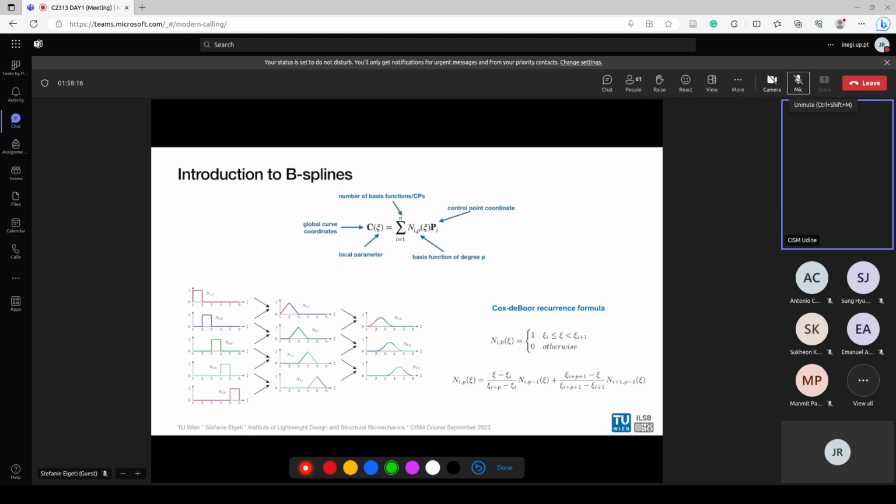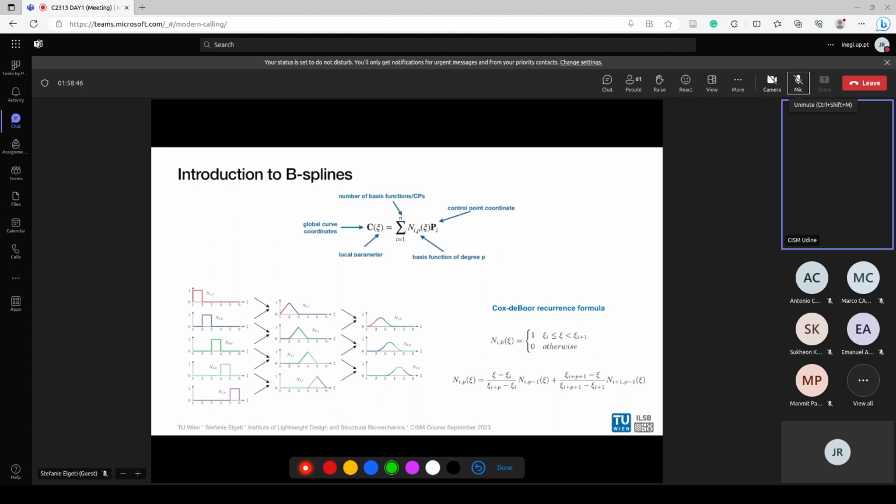This is why it's called a recurrence formula. This is the definition space of xi. Here it's between 1 and 6. I said that usually it's normalized, it should be between 0 and 1, but we don't have to. And we choose breakpoints in our domain that are called knots.